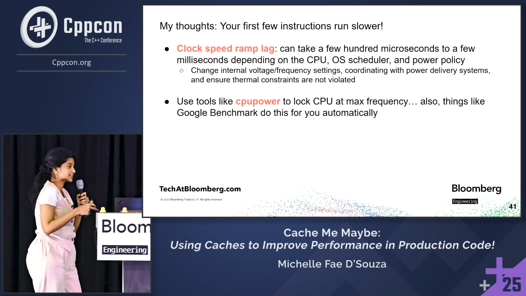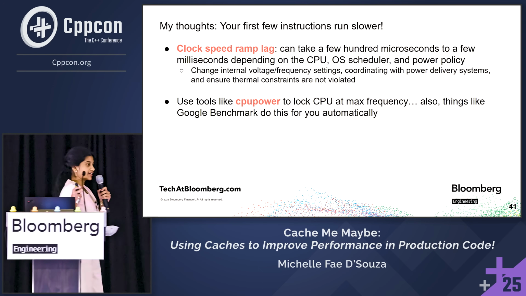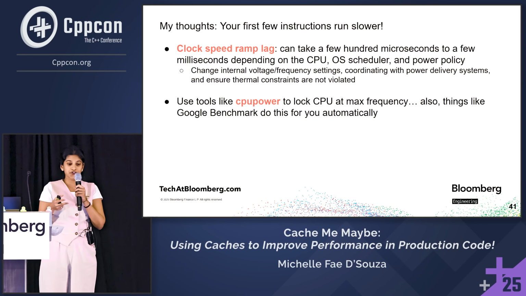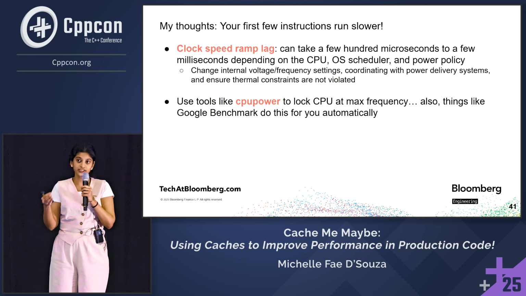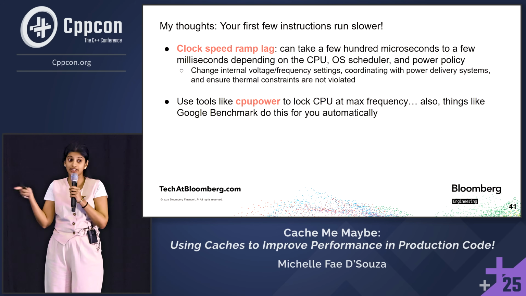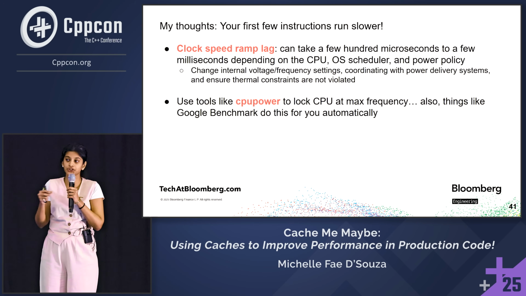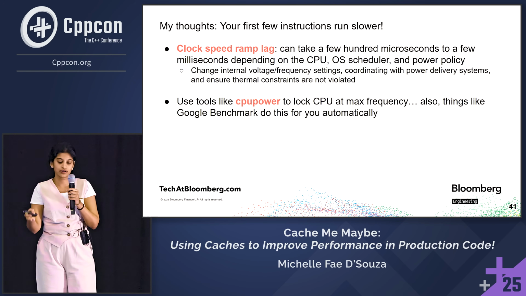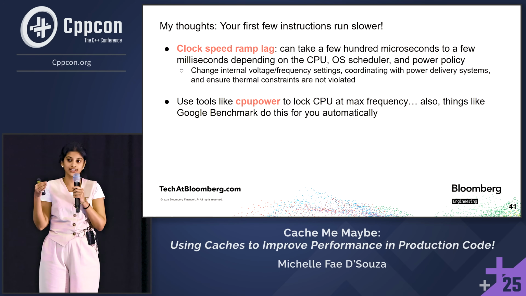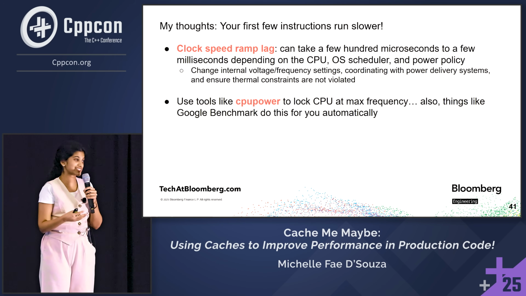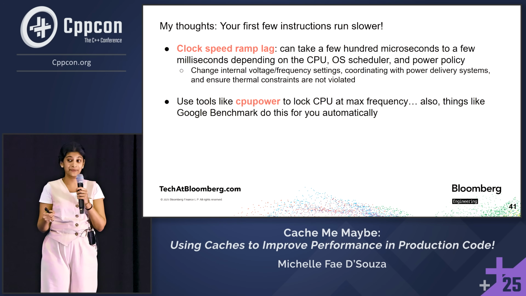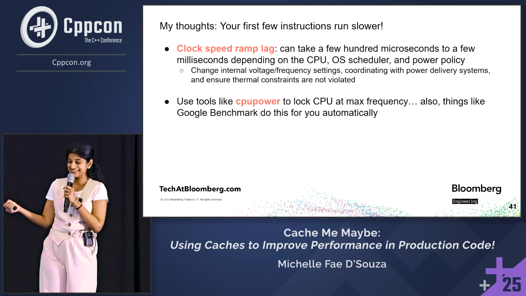This is because your device is essentially trying to increase the power it receives, maintain internal voltages, and increase the frequency of your clock, just to make sure it can help you execute your program as fast as possible without violating thermal constraints and, boom, blowing up your device.